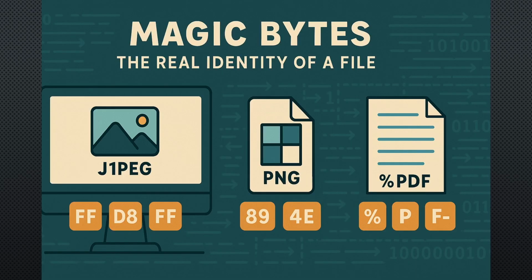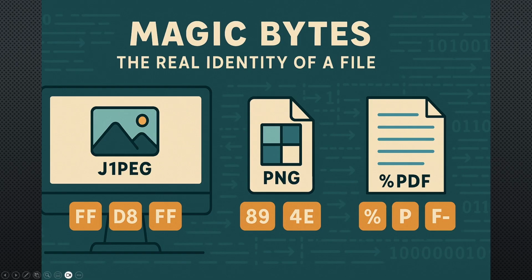Magic bytes, the real identity of a file. One reliable method is by inspecting the file's magic bytes, the unique sequence of bytes at the beginning of a file that identifies its true format. For example, JPEG files typically start with what you can see here. PNG files start with 89 50 4E 47, and PDF files are shown here.